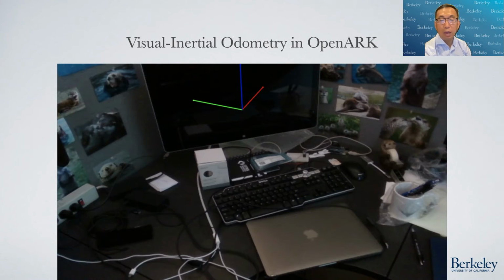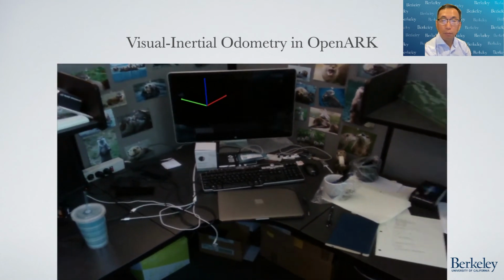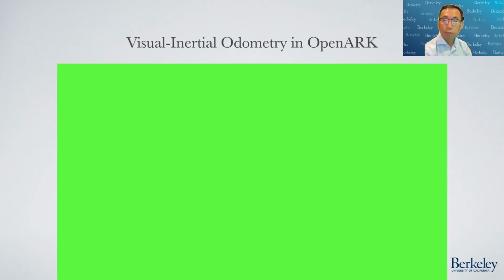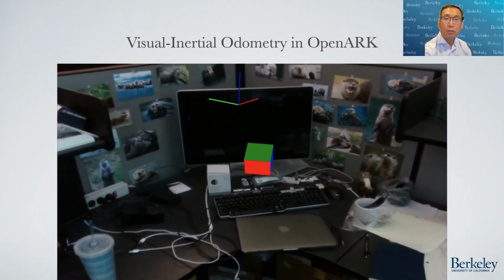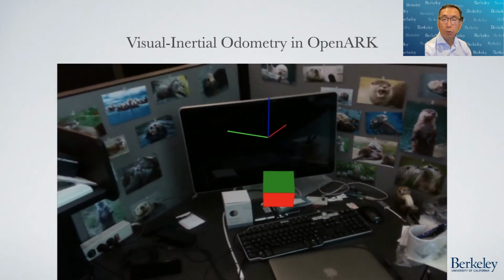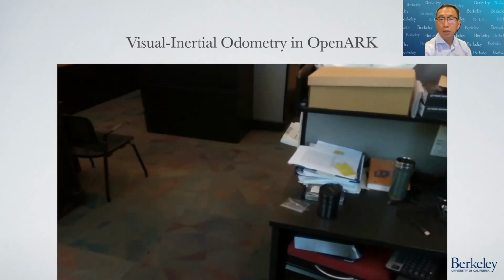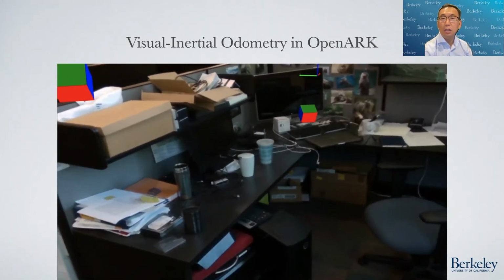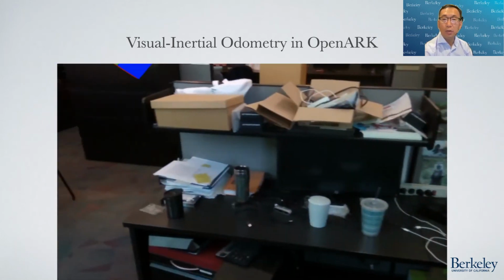Next, let me show you a demo video. Imagine somewhere near the origin of the world, we place a virtual cube. This virtual cube can be equivalent to a monster in the Pokemon Go AR experience.